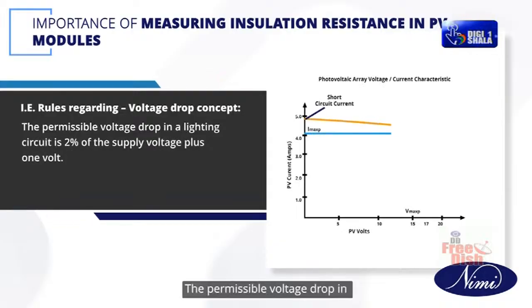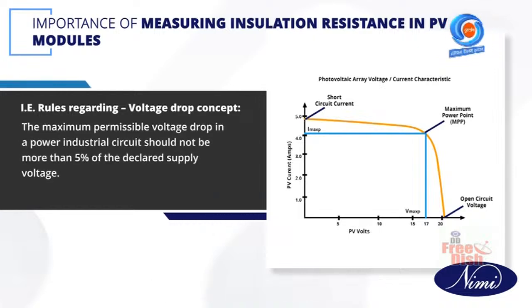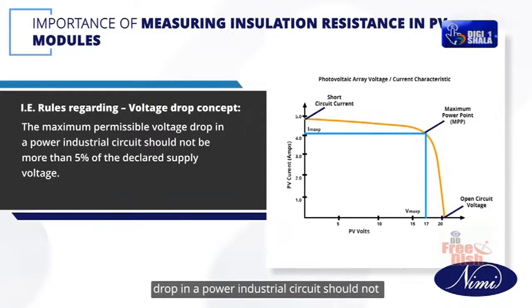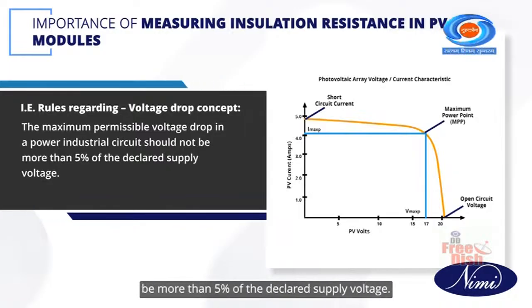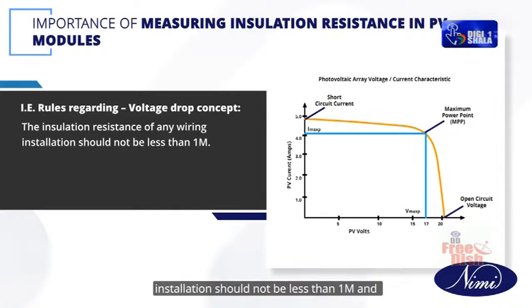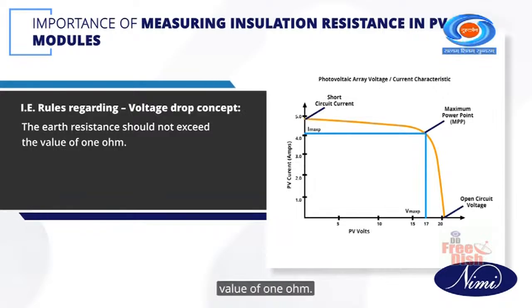The permissible voltage drop in a lighting circuit is 2% of the supply voltage plus 1 volt. The maximum permissible voltage drop in a power or industrial circuit should not be more than 5% of the declared supply voltage. The insulation resistance of any wiring installation should not be less than 1 megohm and the earth resistance should not exceed the value of 1 ohm.